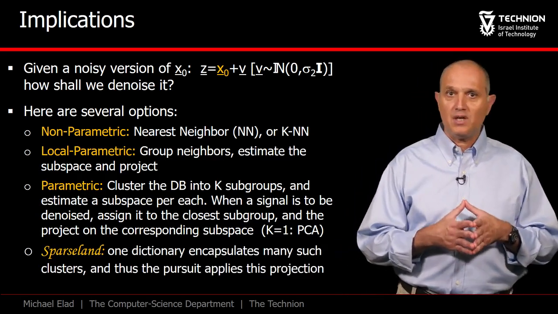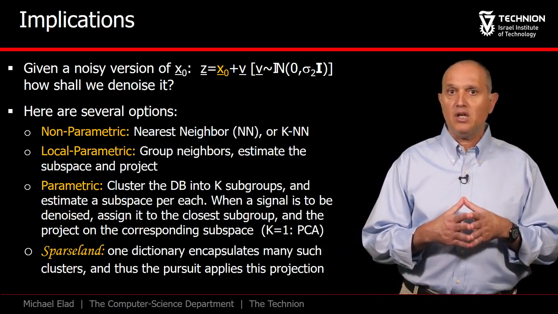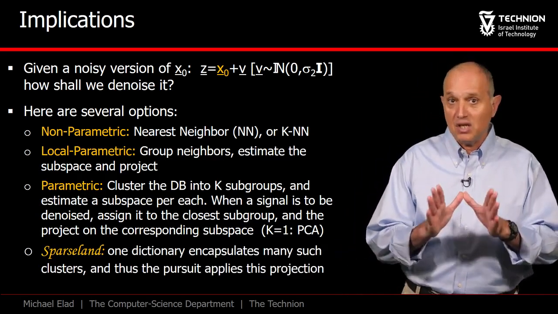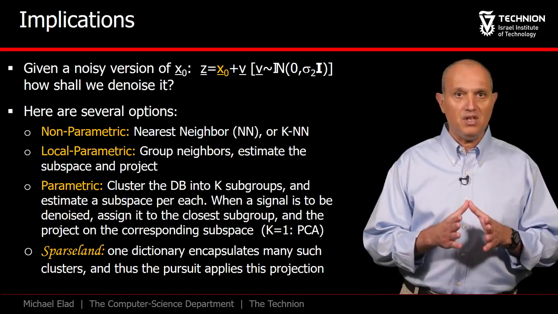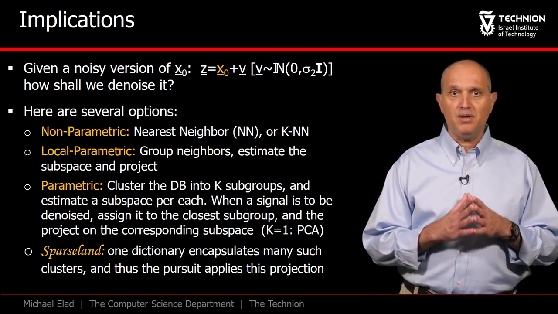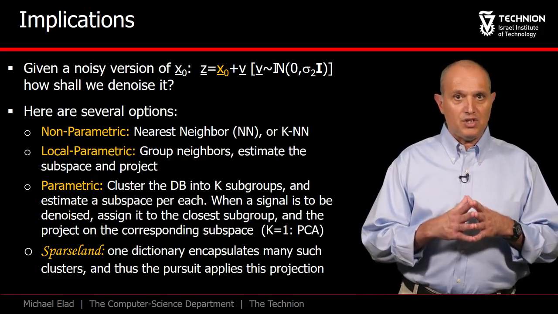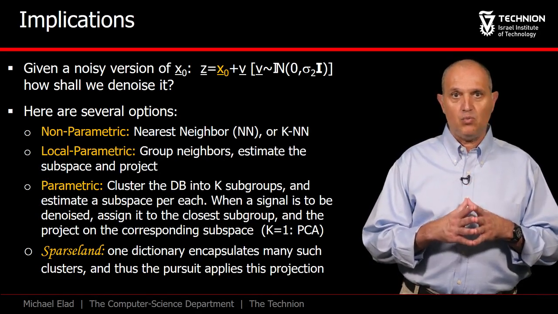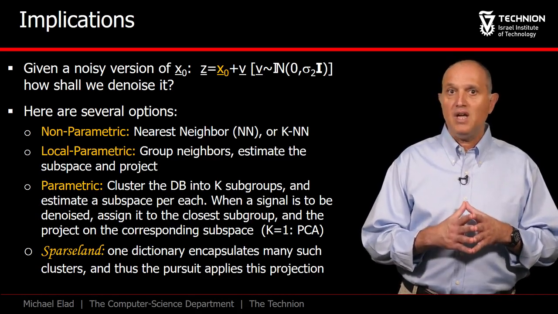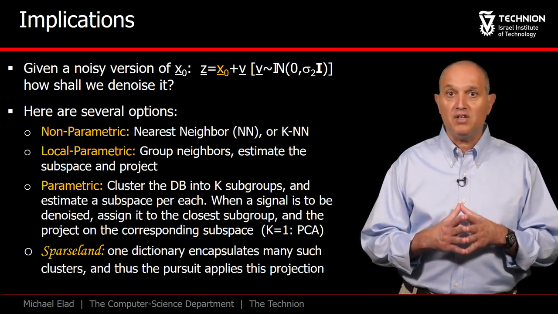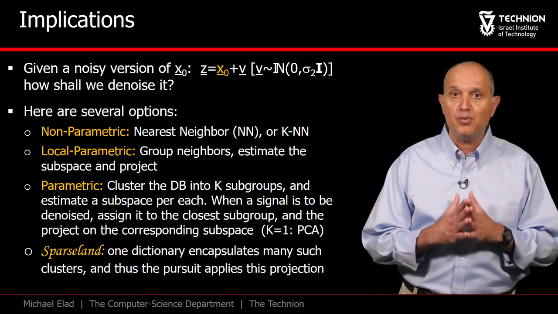Our last option is SparseLand based, where we start by identifying the dictionary D somehow. Given D, we apply pursuit that finds the best subspace and projects onto it. Due to the richness of the union of subspaces we get in this model, this approach has the potential to show competitive and even better performance compared to all previous methods.